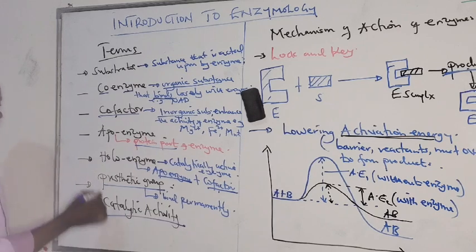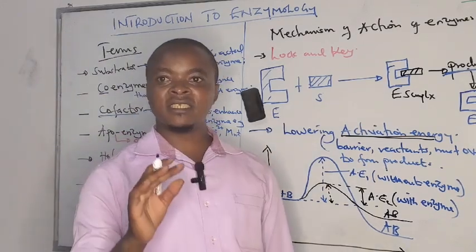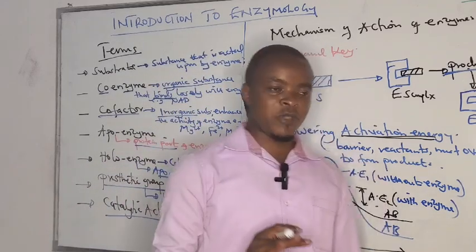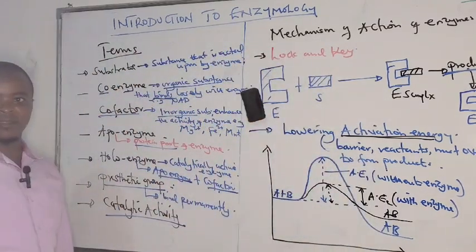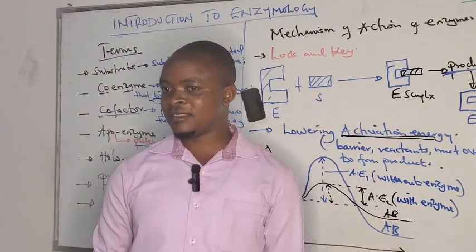Then finally, it is the catalytic activity of the enzyme. Here we are measuring how many enzymes are required to catalyze 1 micromole of the substrate per minute.